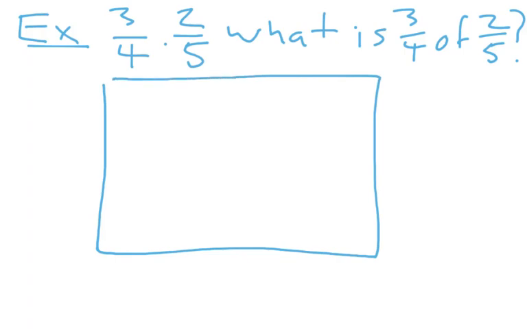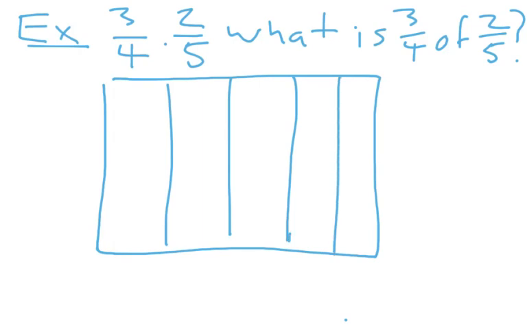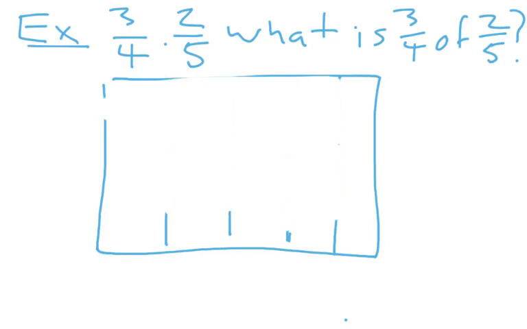And on my rectangle, I'm going to use vertical bars to divide this up into 5 more or less equally sized pieces, trying to make them equal at least. Let me do that a little better. I want to make that just a little bit more equal. 1, 2, 3.